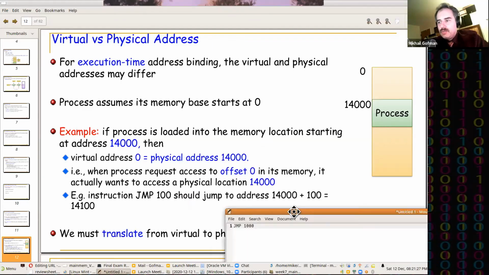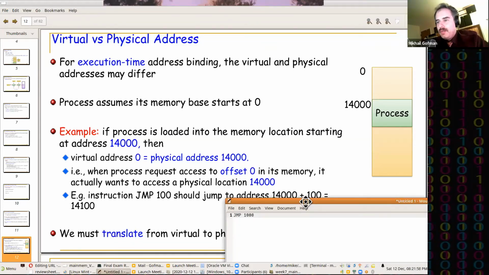So the process will always assume that its memory starts at 0 and goes up until some maximum address. And the process will be accessing all of its instructions, all of its data as an offset from 0, okay? And the memory management unit will be responsible for translating those addresses to the actual physical addresses in RAM.